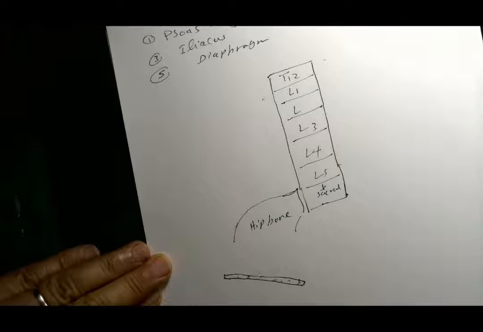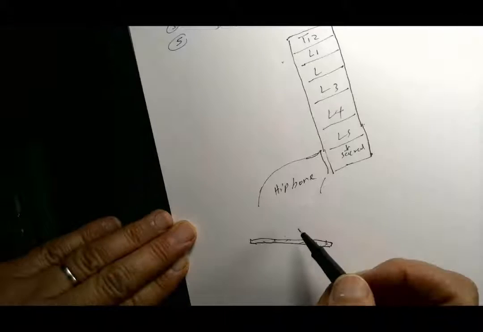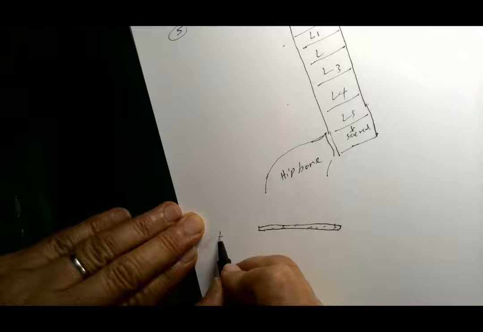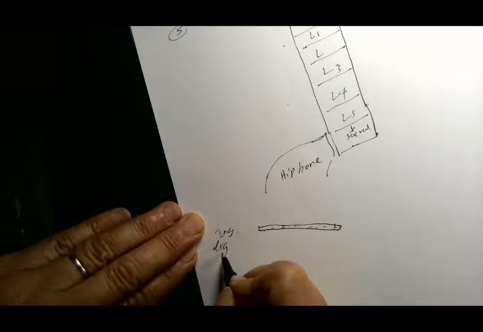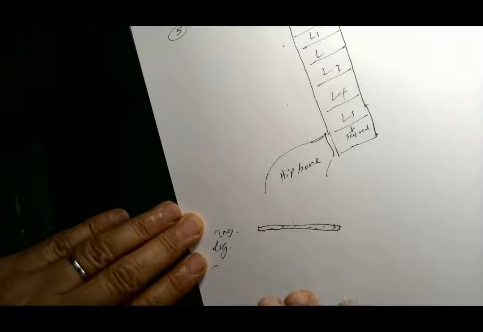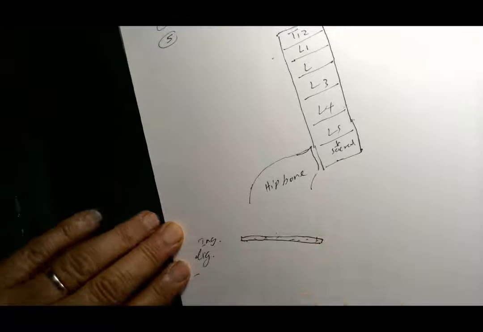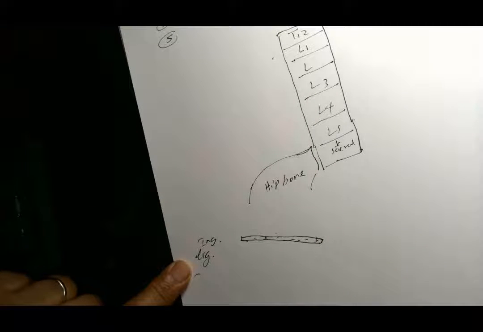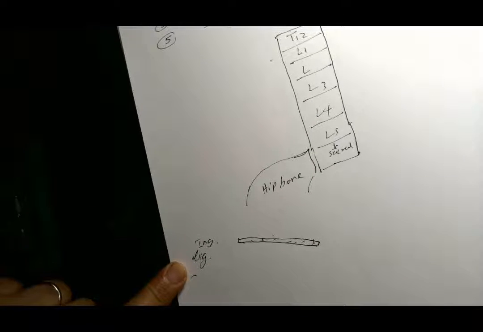This is the inguinal ligament. So this illustration, just something approximate, is not optimum. However, it is just to make it easy for you to remember the outlines of each section.